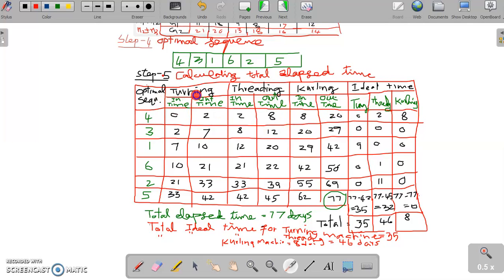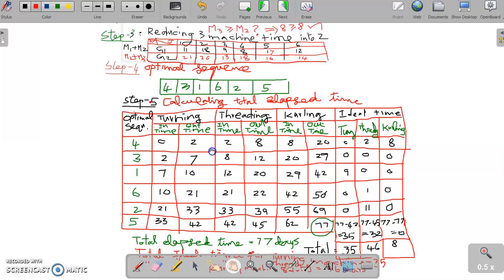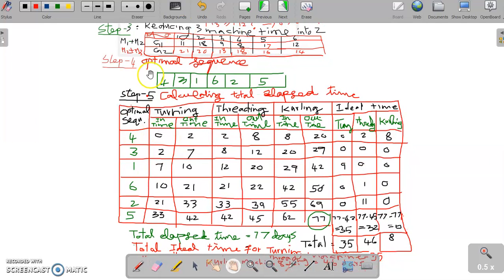The first starting time of the turning machine is 0, so 4. Now look at this, 0, 4.